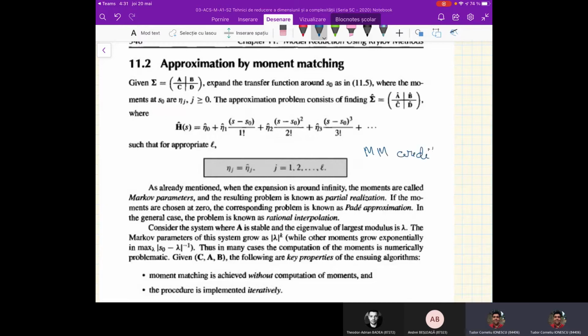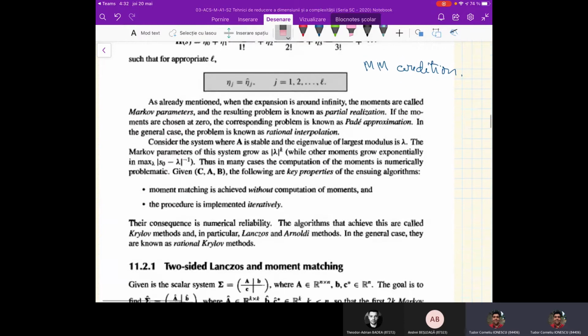This is the moment matching condition. Of course, if you do this around infinity, you get the realization problem of Markov parameters, called partial realization. If it's at 0, it's known as Padé, and in the general case, it's known as rational interpolation.